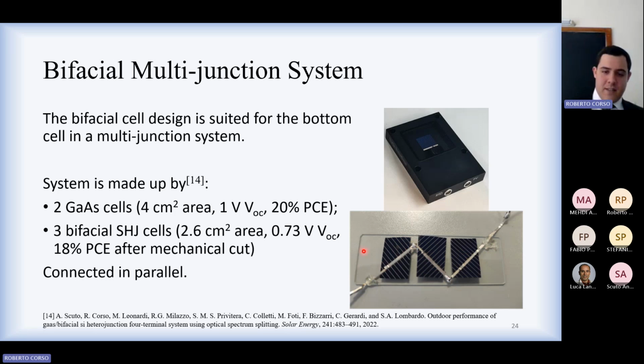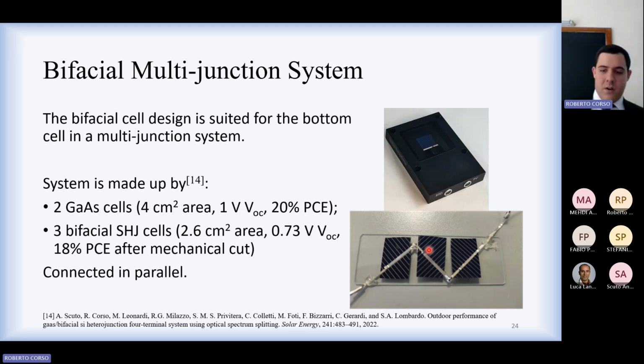Each cell has an open circuit voltage of about 0.7 volt, so the combined open circuit voltage of this system is about 2 volts, whereas the combined open circuit voltage of the two gallium arsenide cells is about 2 volts too.